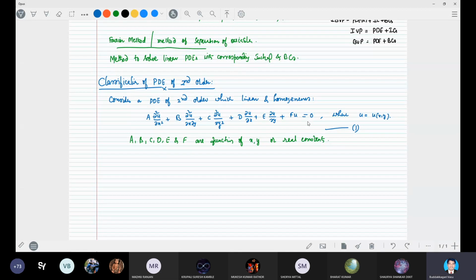This partial differential equation is called, just giving you the classification.